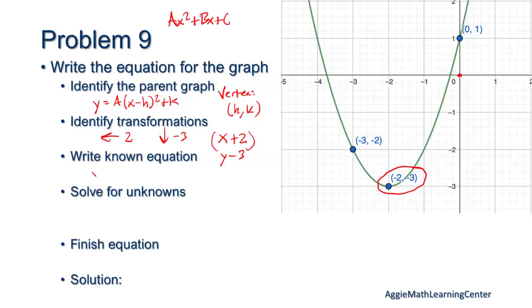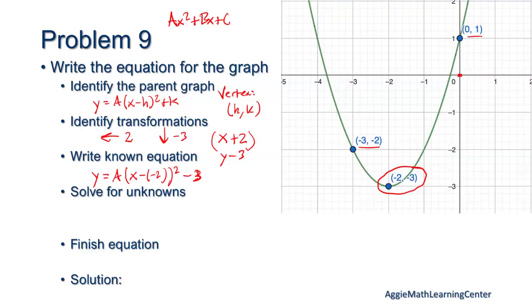So we know that y is equal to a, and we plug in h and k, which is our -2, so x minus -2 squared, and then minus 3. So now that we have our base equation with the vertex plugged in, we can use either of these points, and we can plug in and solve for the unknowns.